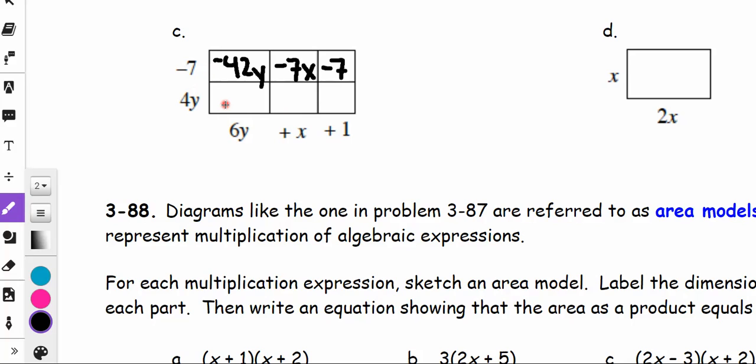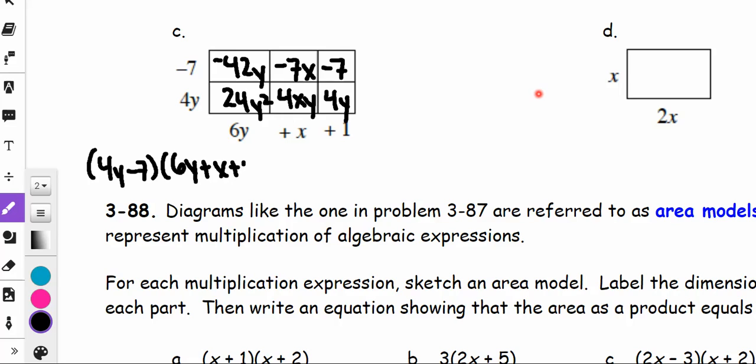Here, 4y times 6y is a 24y squared. A 4y and an x is a 4xy. And the next one is going to be 4y. And so I'm going to write this out as a 4y minus 7 times a 6y plus x plus 1.